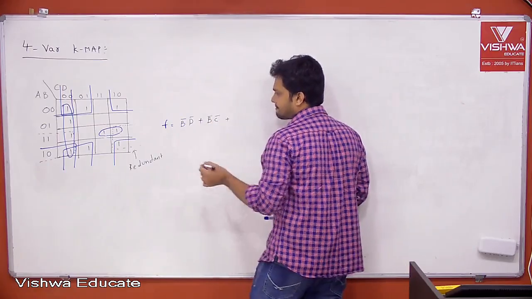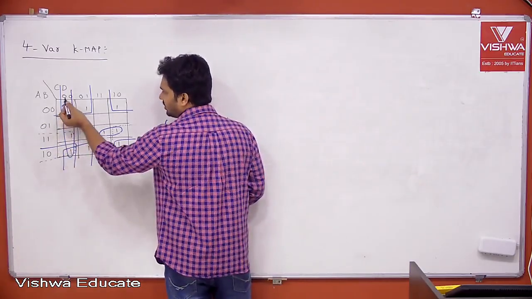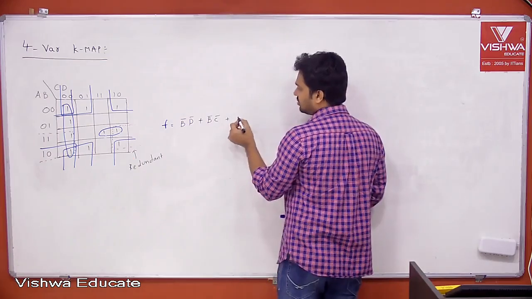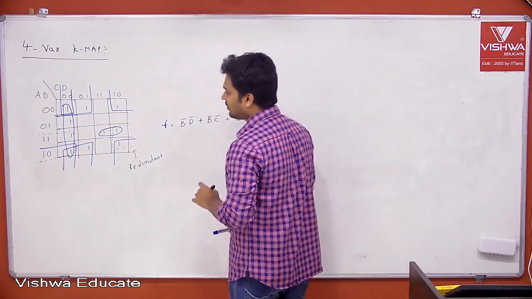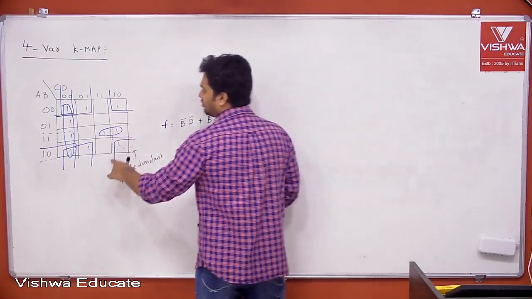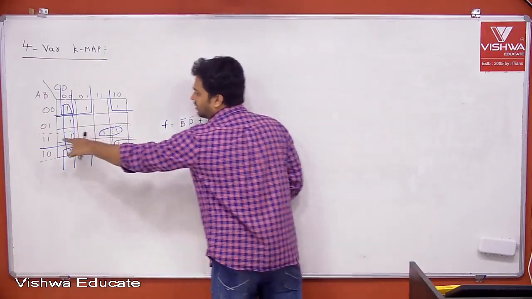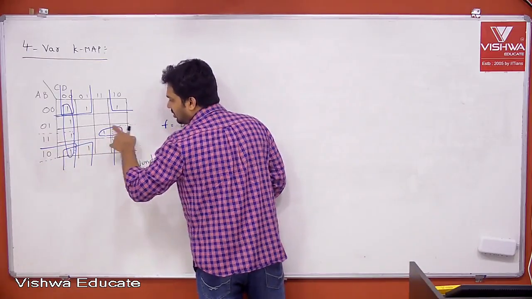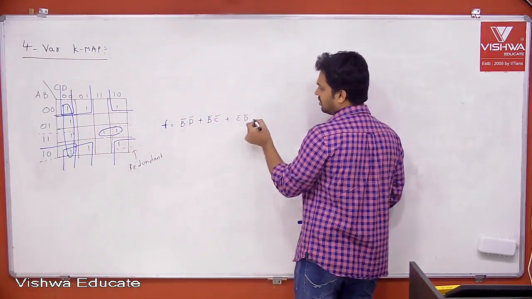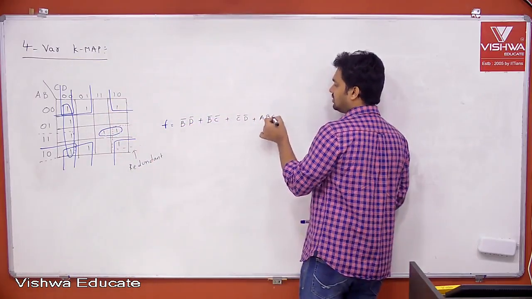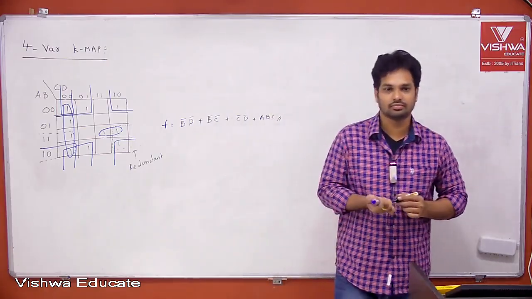Plus, for this quad, 0 0 means C bar, D bar. Three quads are finished, all the four corners, this one and this one. Lastly, this pair. For this pair, 1 1 means AB. What is common here and here? C, that is because 1. So A, B, C. This is the minimized expression. Okay, copy it.